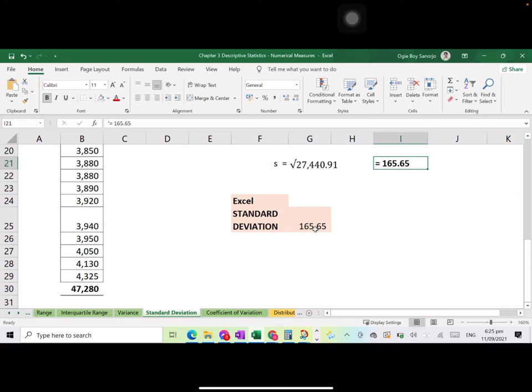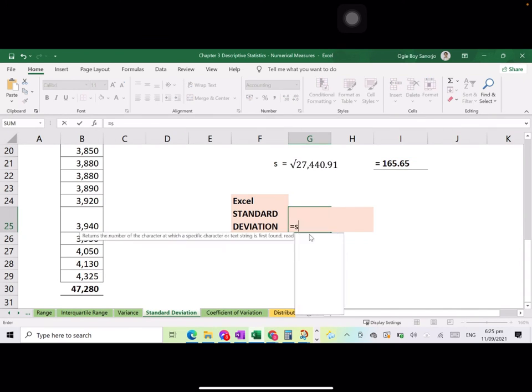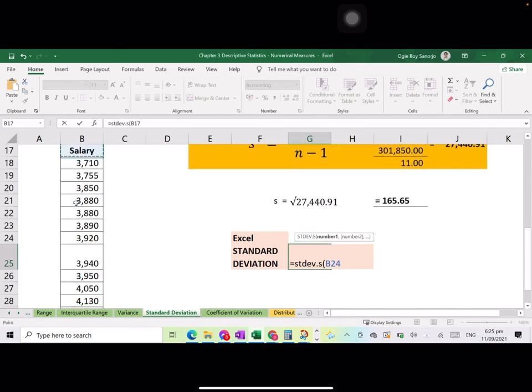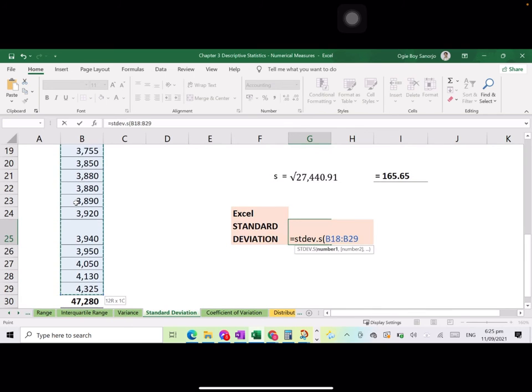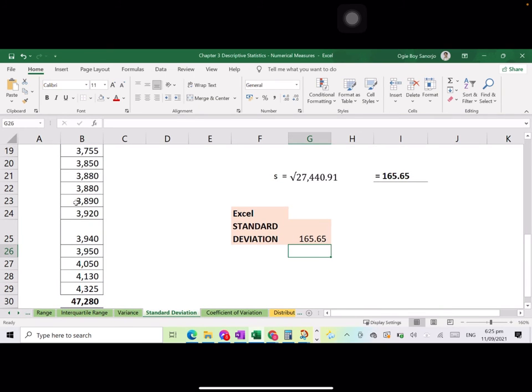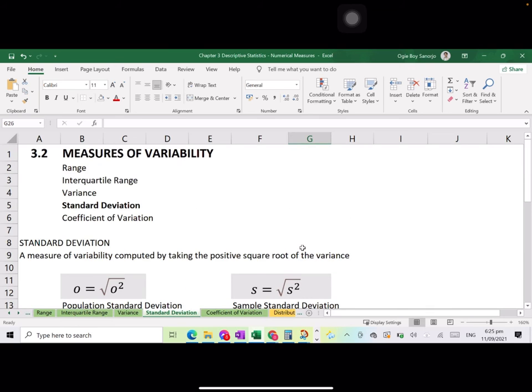Same with the variance, if we're going to apply this knowledge to our Excel formula, we have here equals STDEV.S, since samples nga, then highlight mo lang yung original dataset natin. So we have here 165.65. So ganyan lang siya kadali, no?